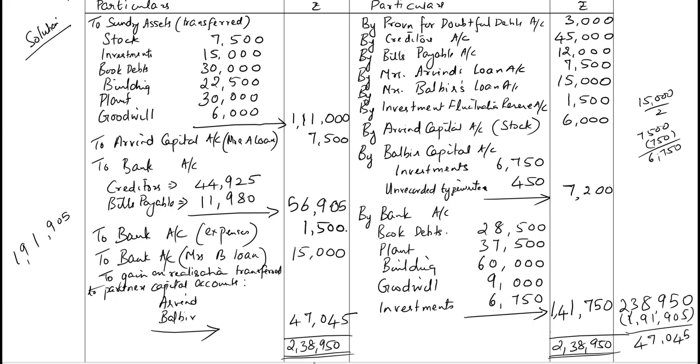There is no mention about the profit sharing ratio in the problem, so we will distribute it equally 1:1. So it's 23,523 for Arvind and 23,522 gain for Balbir. So this is a realization account.